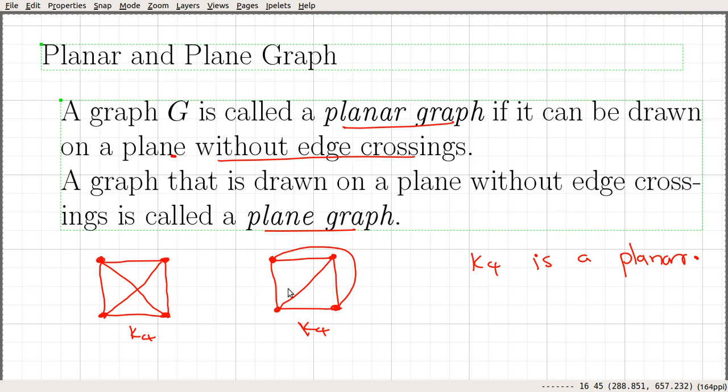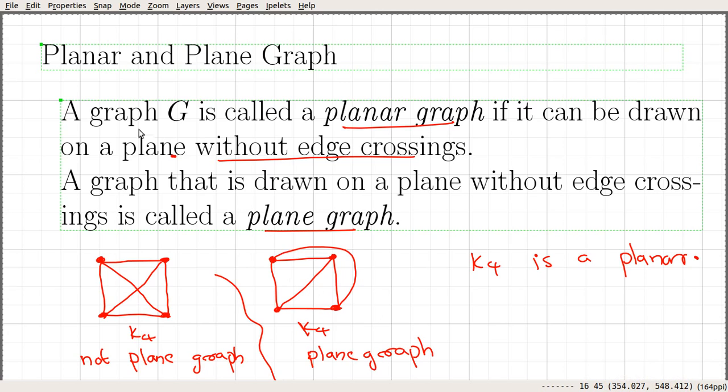Here we have two drawings of K4, but here we can see that we have this edge crossing. So even though K4 is a planar graph, this drawing is not a plane graph. Whereas in this other drawing of K4, we can see that there is no edge crossing, so this is a plane graph.